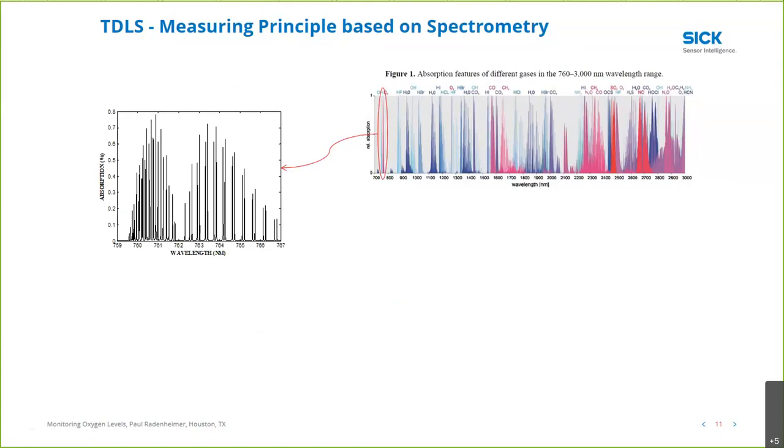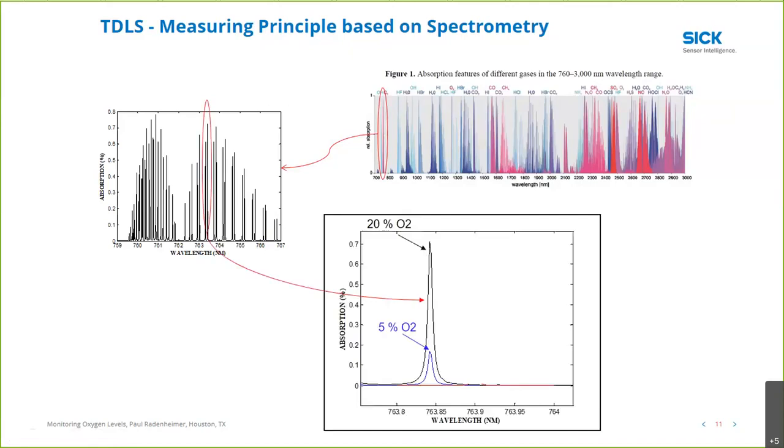As the technology improved and we had more sensitivity and better optics, we were able to use a very narrow wavelength of light and look at the pattern or individual peaks in a narrow band pass. With a laser, we're actually able to focus on a single peak.